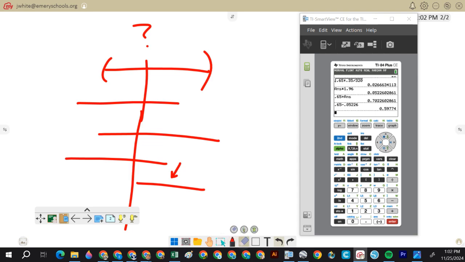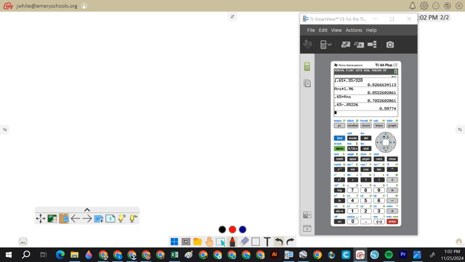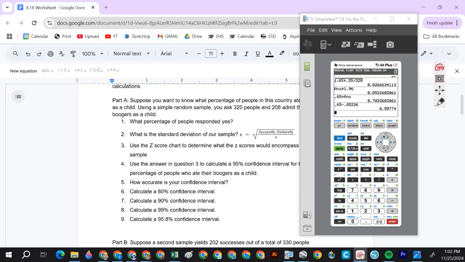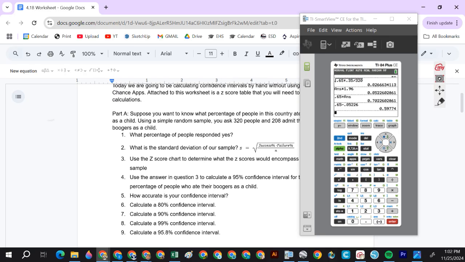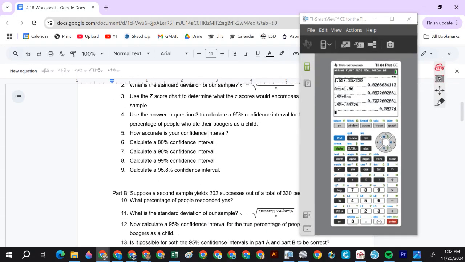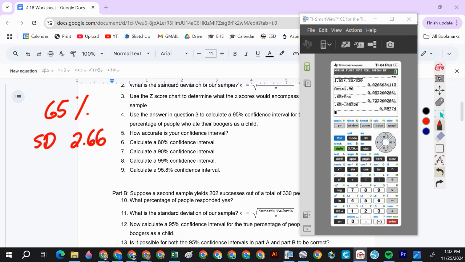All right, so let's go back here. So 65% was my center. My standard deviation was 2.66. Okay, and when z, or sorry, let's go back.